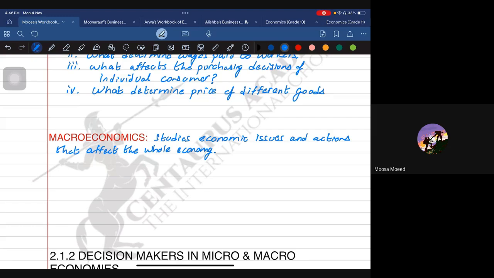So those issues which can actually affect the whole economy are the discussion of the macroeconomy. So we are going to talk at a bigger level, at the level of an economy, about what issues an economy can face.